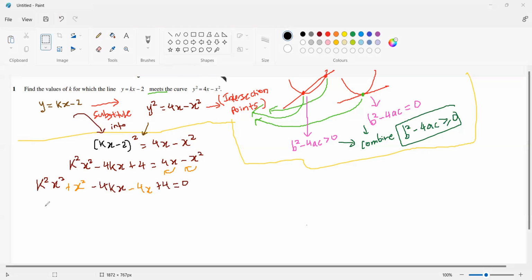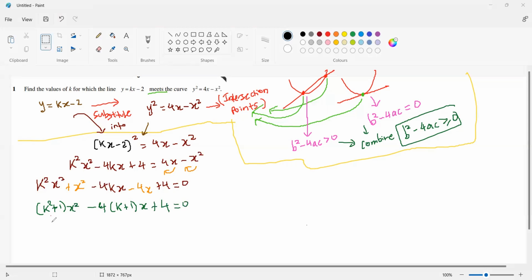Then we want to factorize accordingly. So k squared plus 1, and we factorize the common x squared. And for the next term, we factorize the x out, so minus 4 I take out. Then I realize it's k plus 1, and then x. Minus 4, k plus 1, please take note. This is the factorization. So plus 4 equals 0.